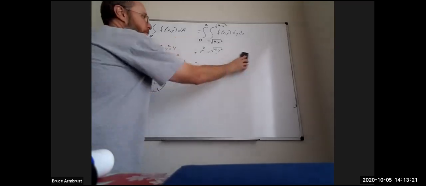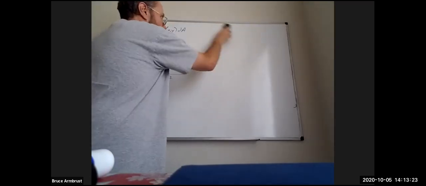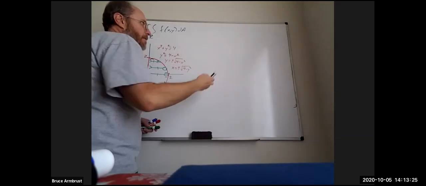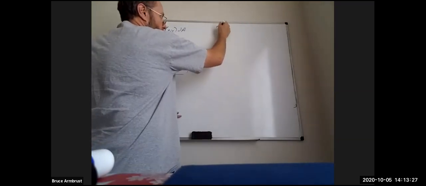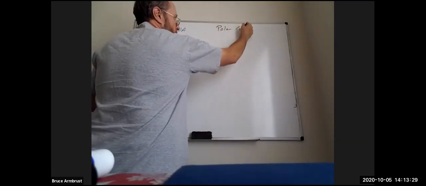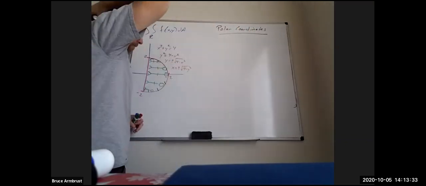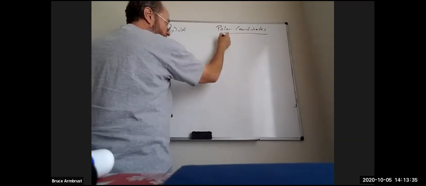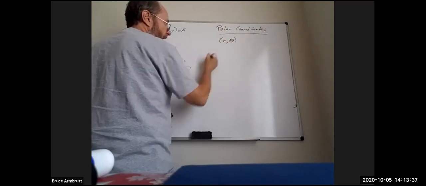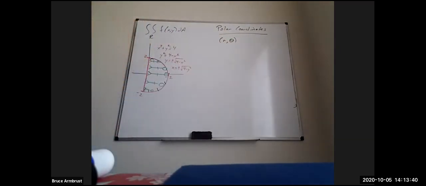I want to give you just a little bit of recap on polar because it's terribly useful. Okay, so remember the idea here is instead of an x and a y, we're putting an r and a theta.